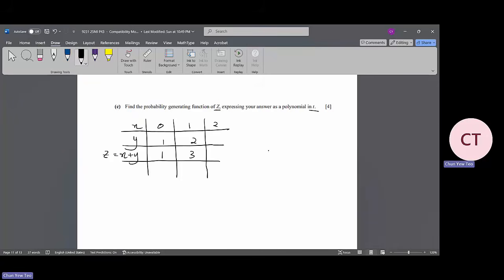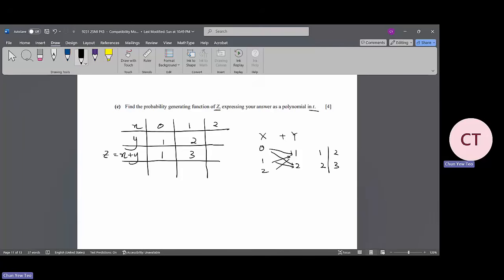So actually over here you can see that the values for X are 0, 1, 2, and for Y they are 1 and 2. So you can actually have a relationship. If you add these together, you get 1 and 2. If you add these together, you get 2 and 3.